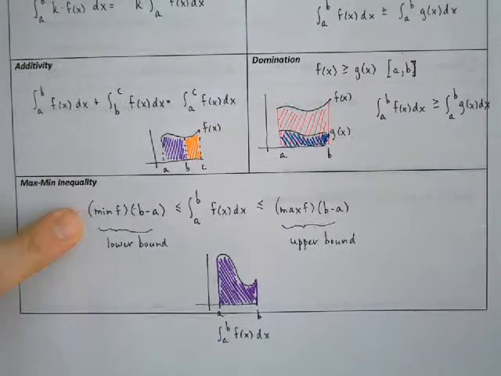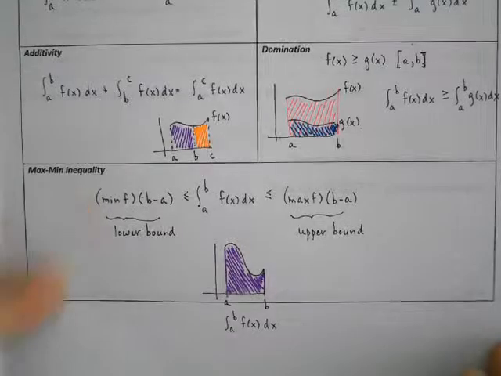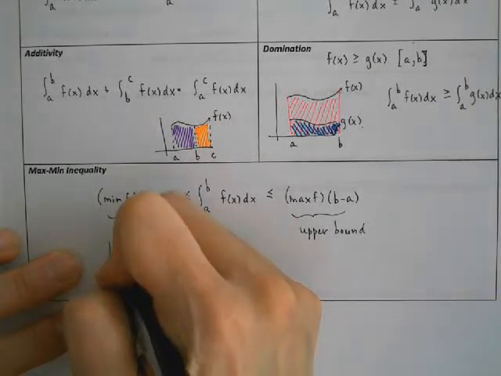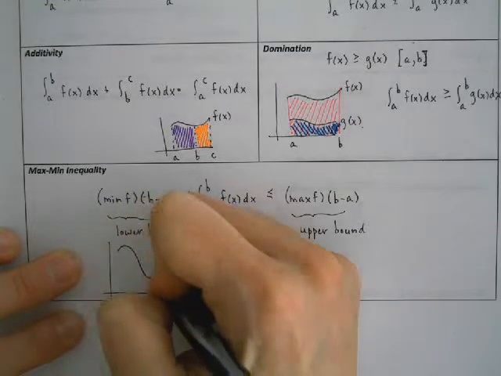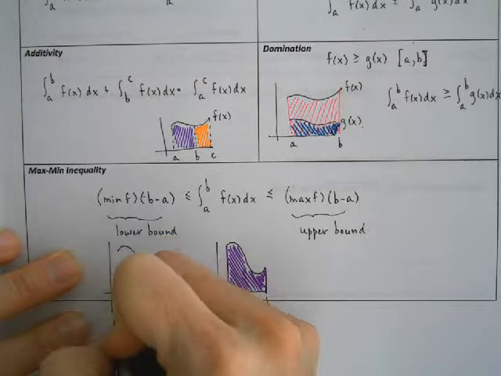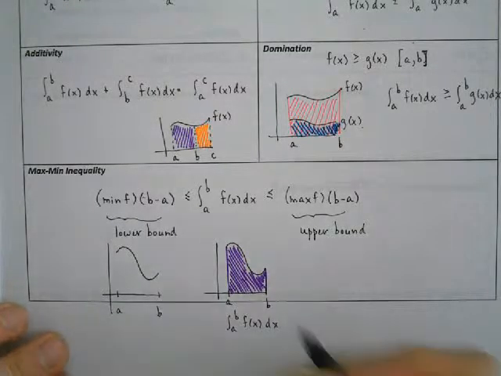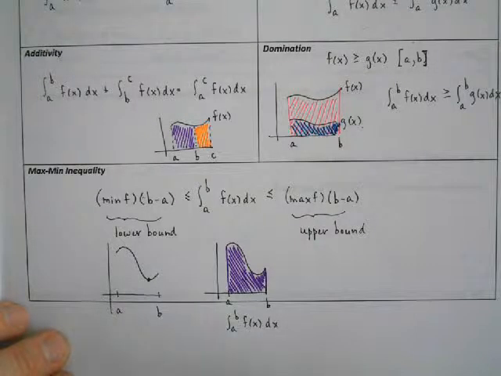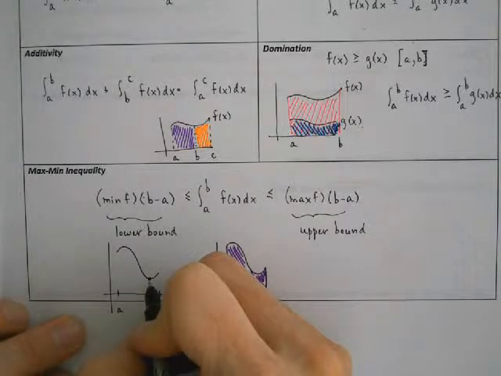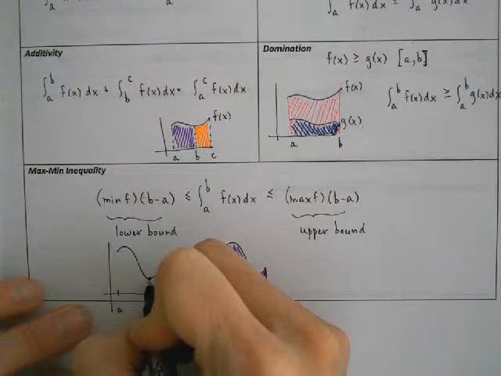So now we said the lower bound is the minimum value of f times the interval b minus a. So graphically, let's look at that same curve roughly. And we are from A to B. Now, here's the minimum value of f here. And I'm going to multiply it so we can think about that minimum value of f as being the height of a rectangle.